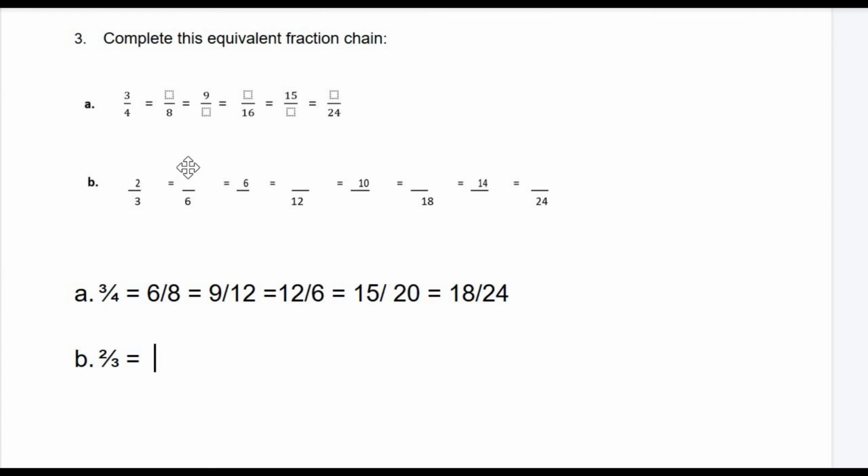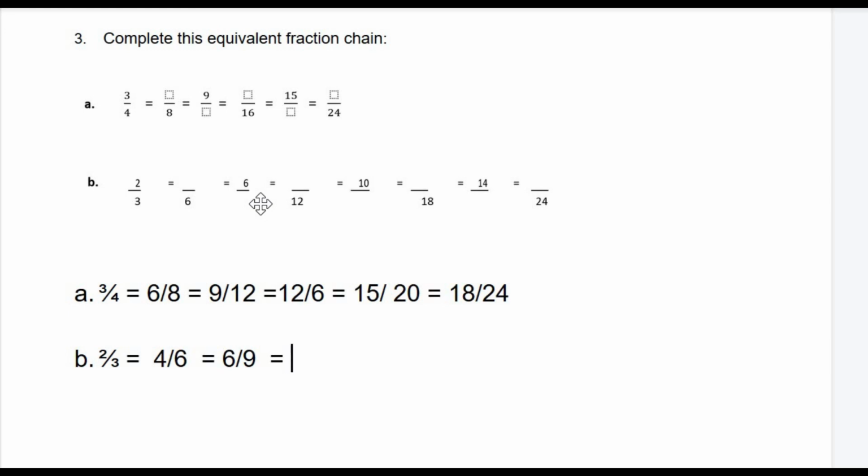So the number on the top of the fraction, the numerator, is 4. Here we have 4 out of 6. Okay, we have 6 on the numerator now. So 2 times 3 equals 6. So we have to do the same thing for the denominator, 3 times 3. So we have 6 out of 9.